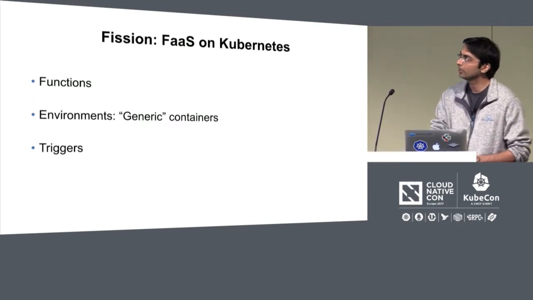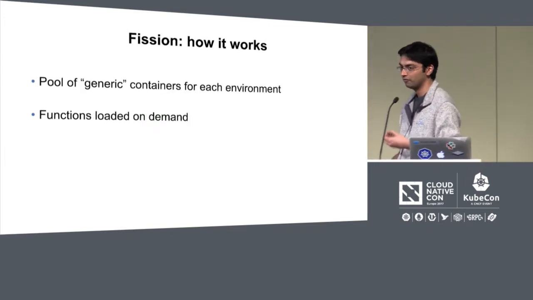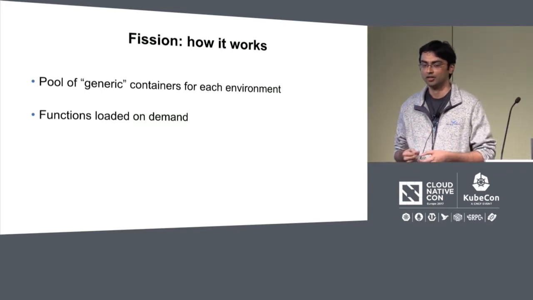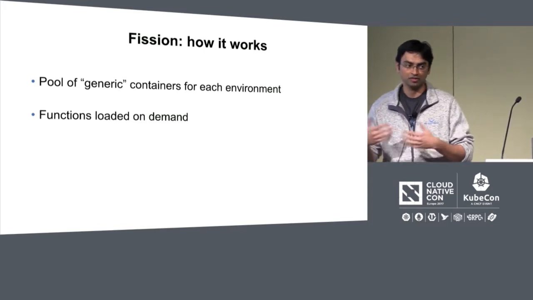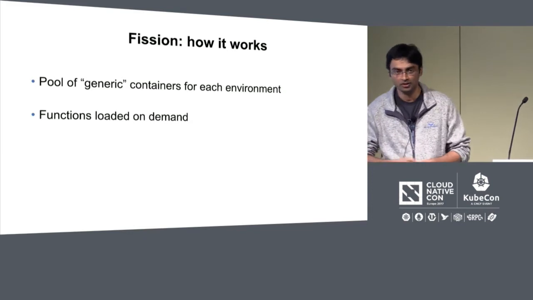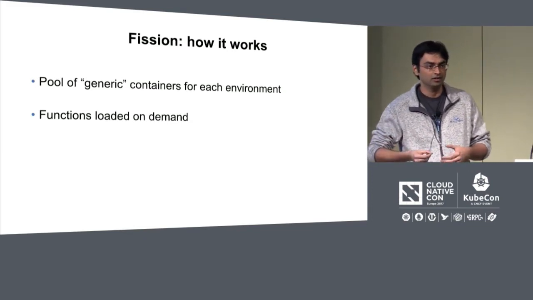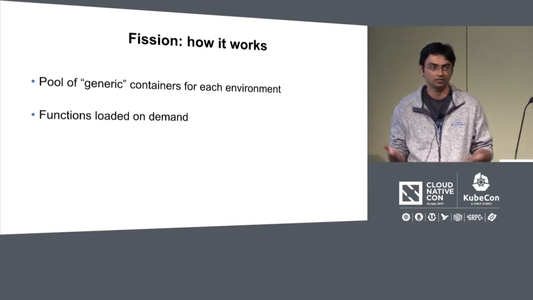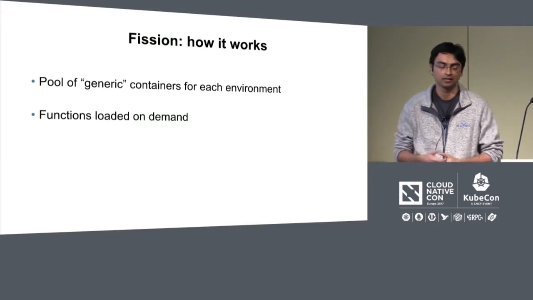So I want to talk a little bit about how Fission works. Fundamentally, to get a fast cold start, you need a pod that's already running, because you don't want to have the time to pull an image, and even if an image is already pre-pulled, the time to schedule and allocate an IP address and start a Node or Python server can easily exceed whatever cold start tolerance you have, which is typically somewhere between 20 to 100 or so milliseconds.